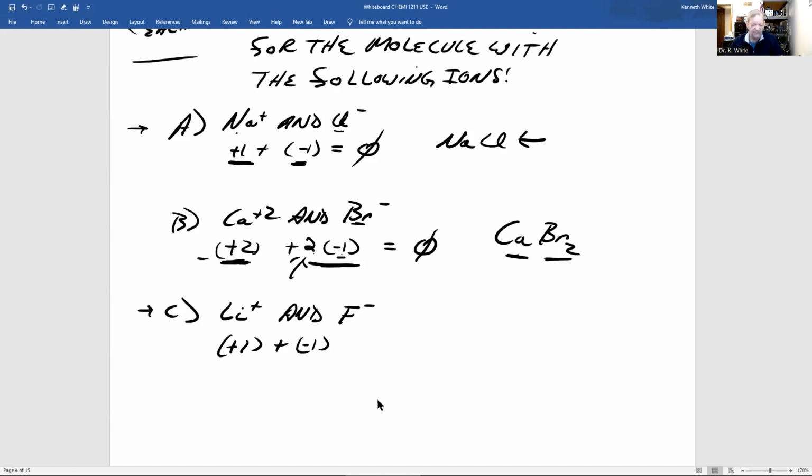And therefore, this has to equal 0, does it? +1 adding to -1, and yes. So since we didn't have to change how many, this tells me there's 1 lithium and 1 fluorine, and the answer is this, lithium fluoride.